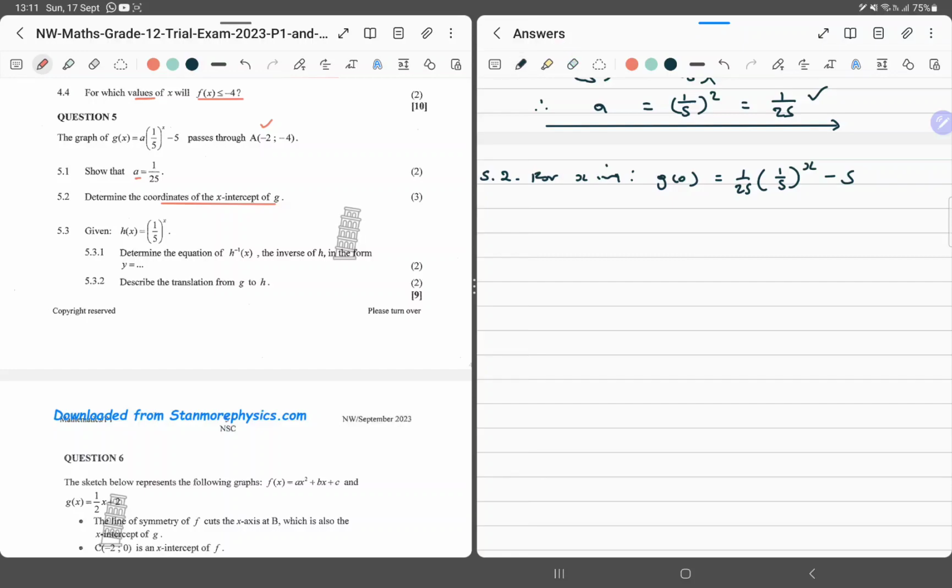Did I say G of 0? No, it's wrong. It means G of x equals 0. Now we transpose the 5, we get 5 is equal to 1 over 25 into 1 over 5 to the exponent x. And then we can effectively divide by 1 over 25.